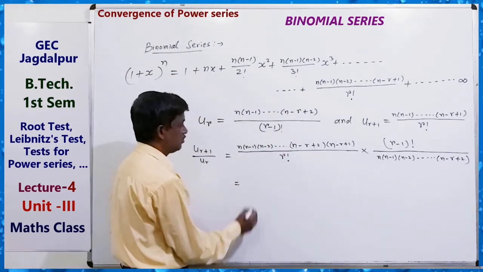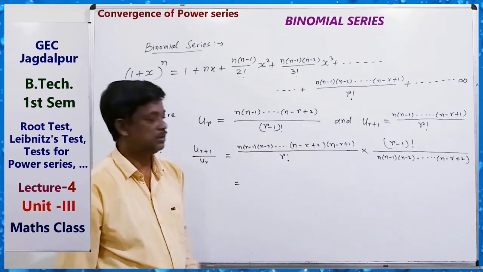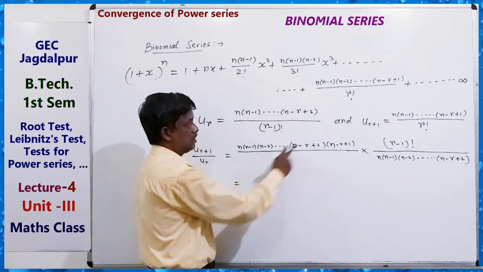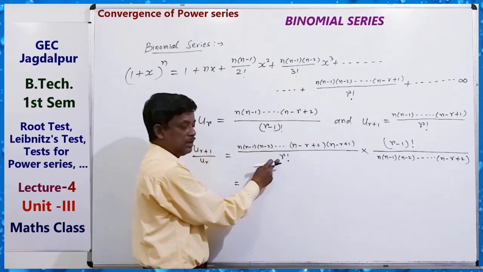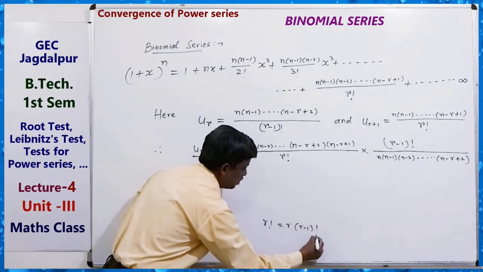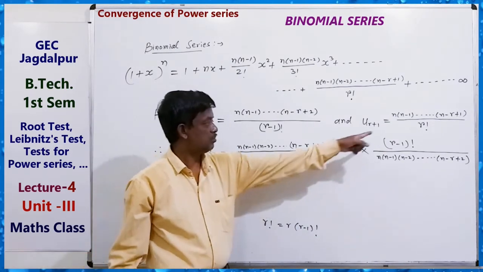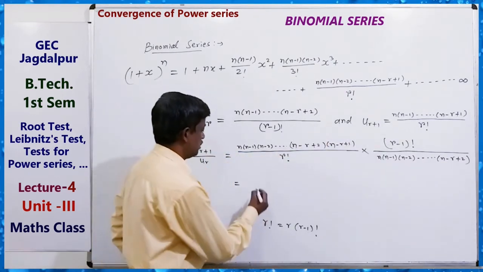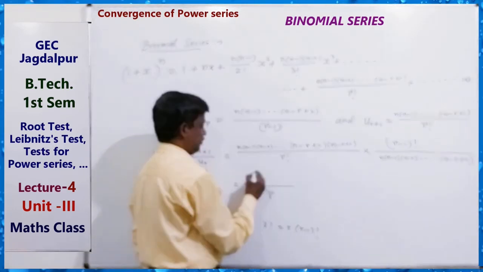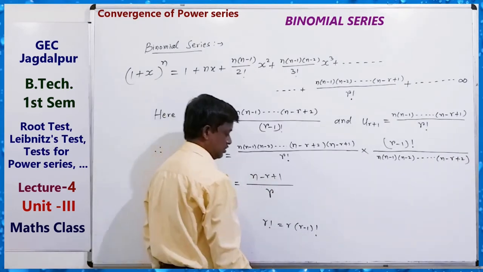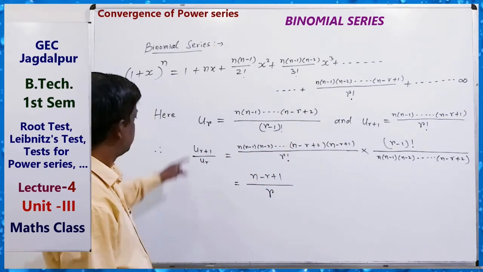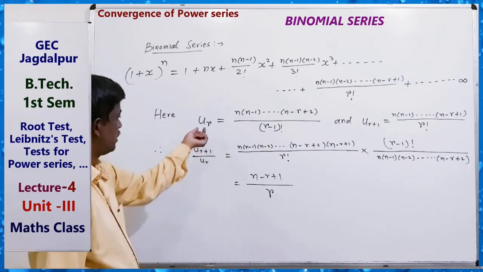So we can write r minus 1 factorial, and r factorial equals r times r minus 1 factorial. So r minus 1 factorial and r factorial cancel out, leaving n minus r plus 1 upon r. This is the value. Now in place of nth term, we are taking the rth term.